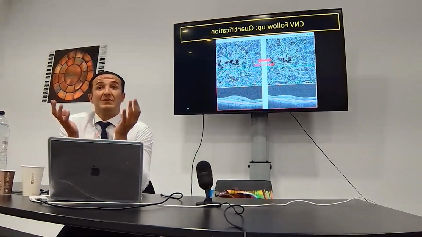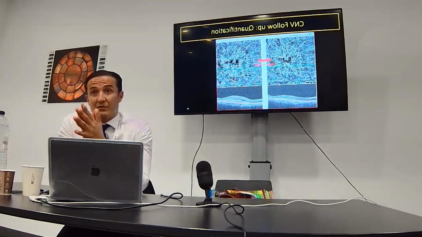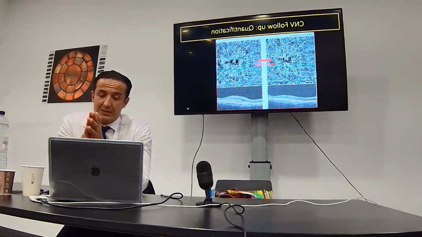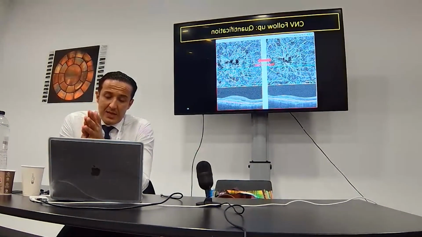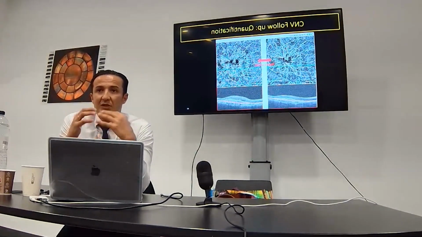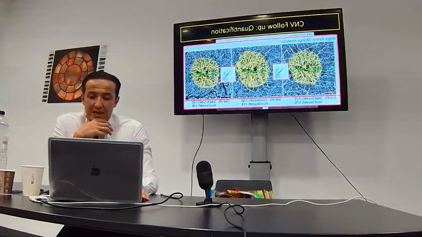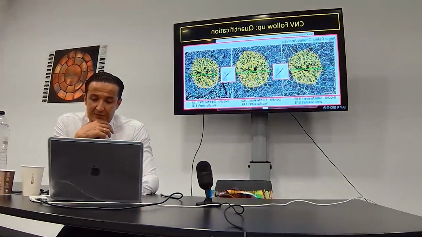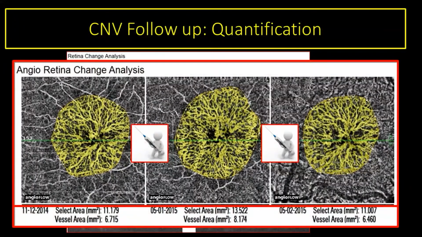You have the possibility to have quantification for the CNV follow-up with flow surface, and the analysis of flow surface gives the changes and the recurrence of the CNV when you observe an increase of flow surface. In this case you observe flow surface increase due to the recurrence of the CNV, and you can make a very precise monitoring.